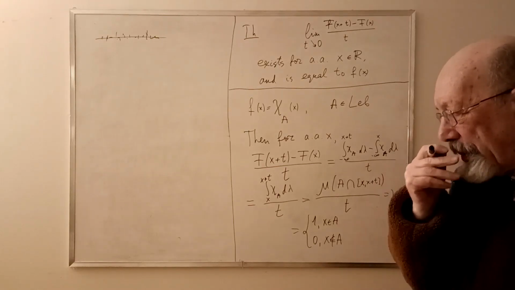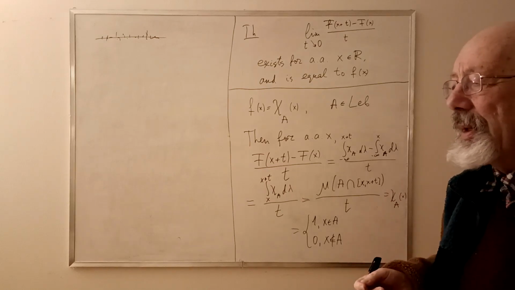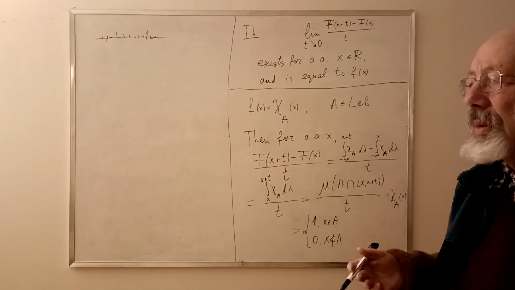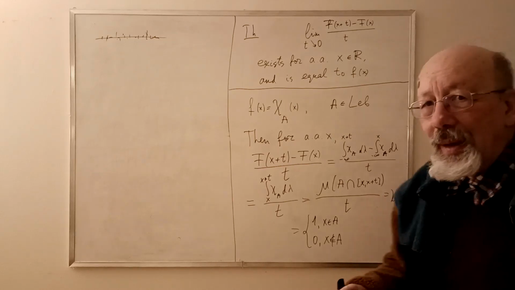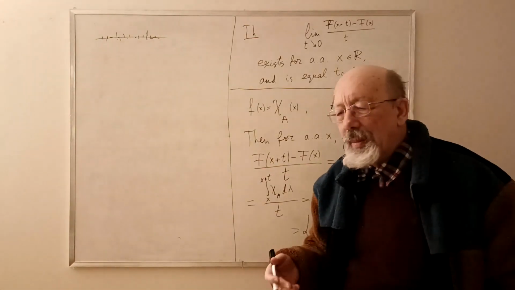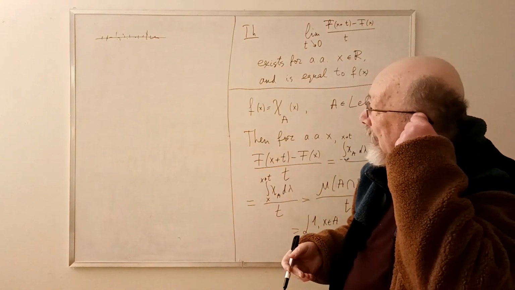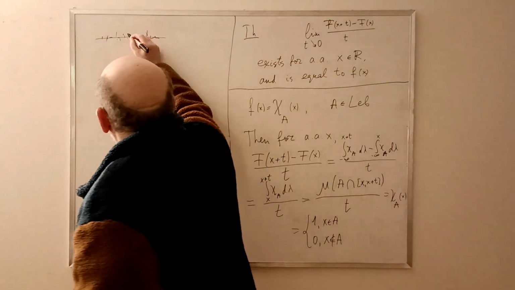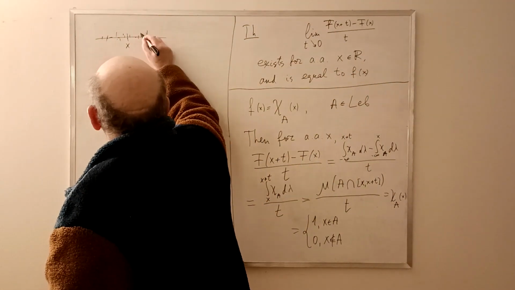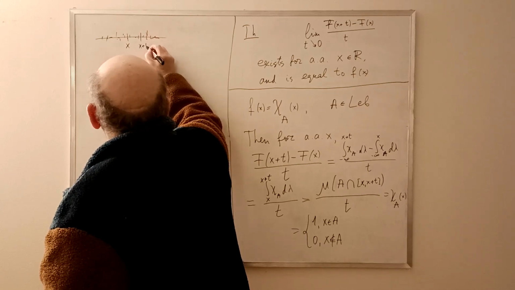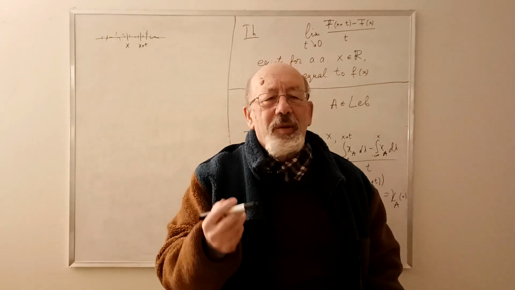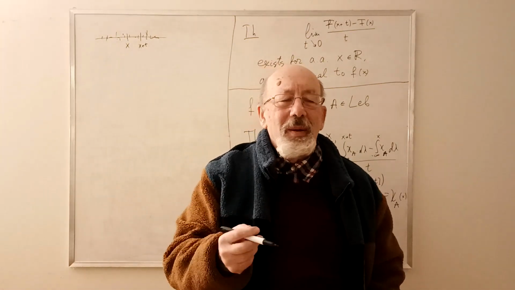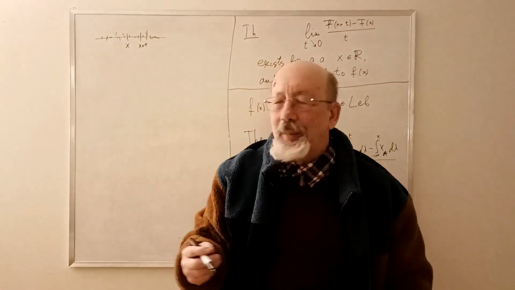Maybe it is impossible to describe it in any good way. We know only that it is an element of the Borel algebra or Lebesgue sigma algebra. And we take a point x plus t, and you see that for almost all x, one or the other thing happens.